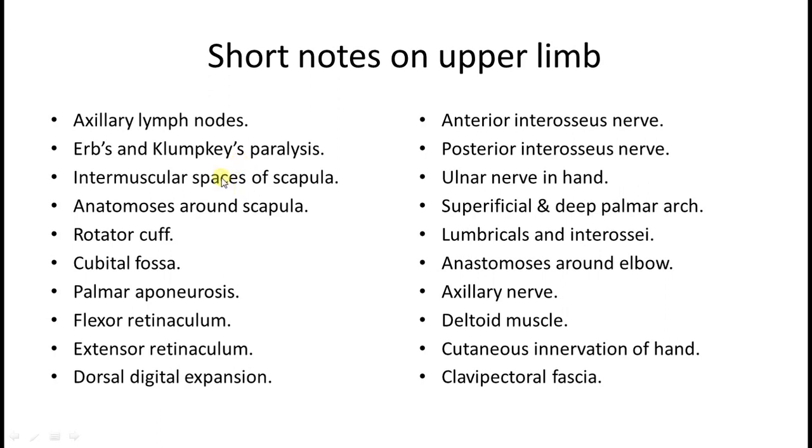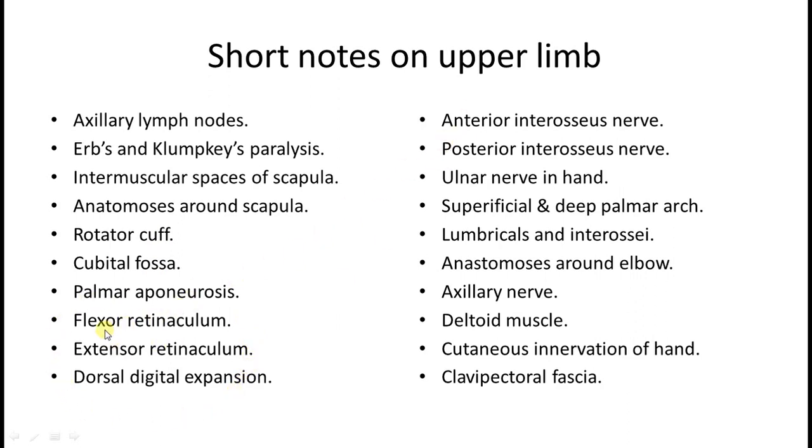Intermuscular spaces, your quadrangular, triangular spaces. Anastomosis around scapula. See, rotator cuff is again a part of shoulder joint, so it might come as a short note. Cubital fossa. Then most of the short notes are from the palm region.